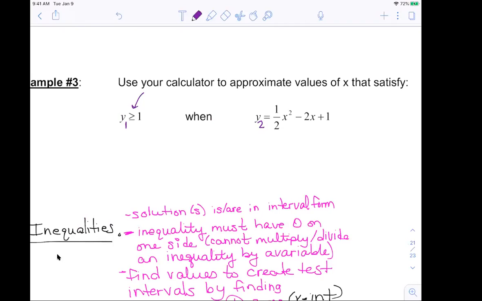So if you take out that calculator, go to the y equals and see if you can plug this in. And once you get your calculator plugged in there, get those equations plugged in.